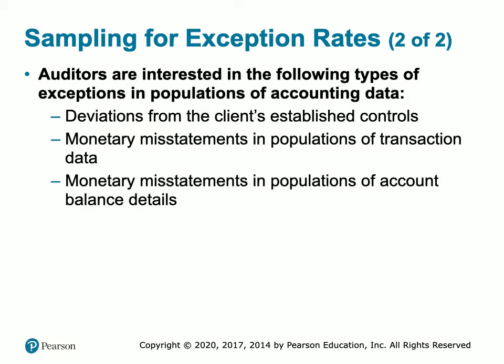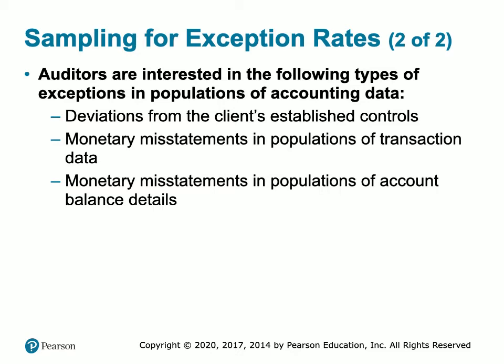So what you're looking for in a sample of controls, or in data, is deviations from the established controls, and defining what the deviation is is extremely important. So when we get to how you're implementing a test of controls, it's really going to be about what is the attribute you're testing for, and then what constitutes an error.